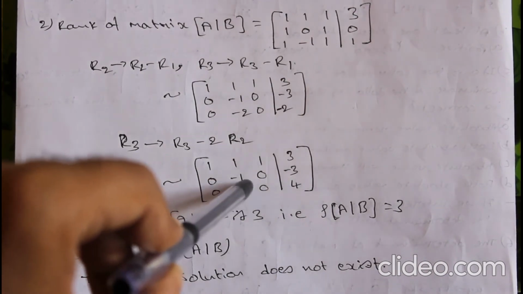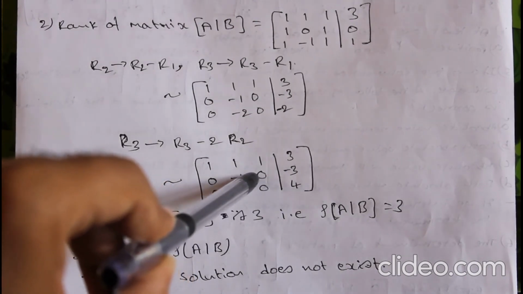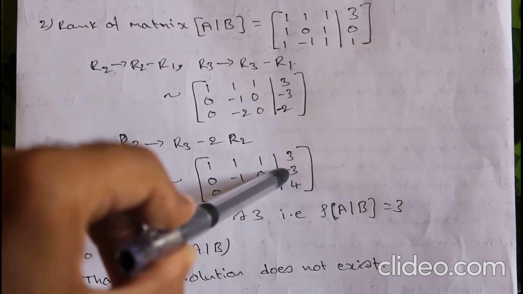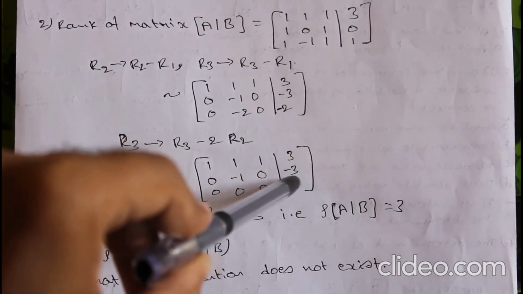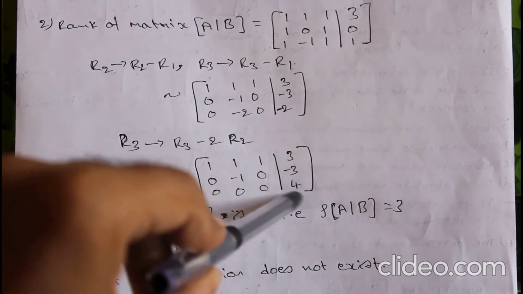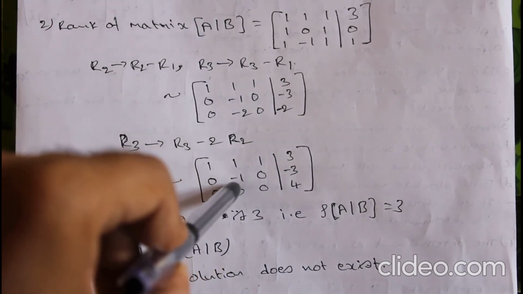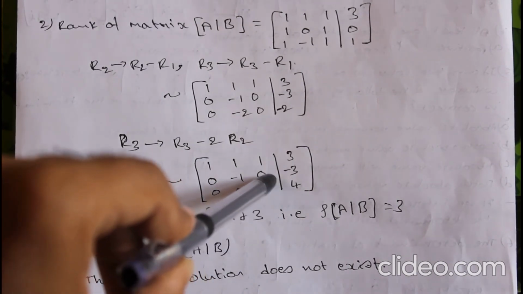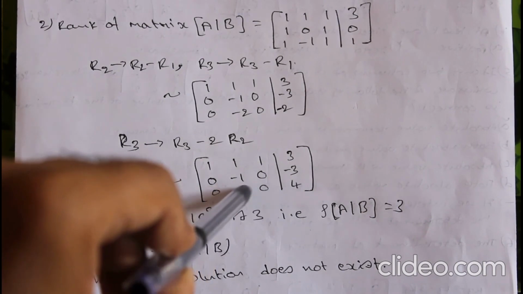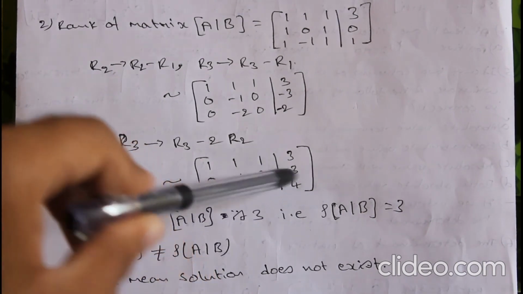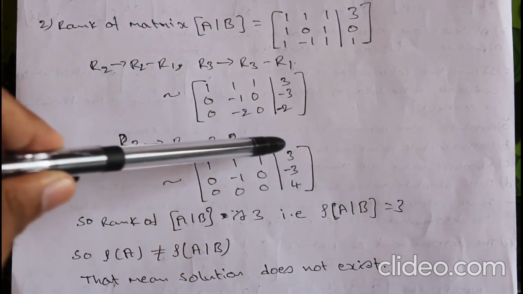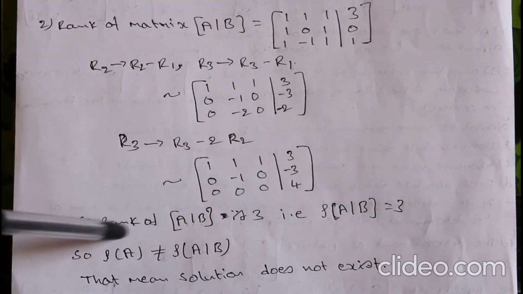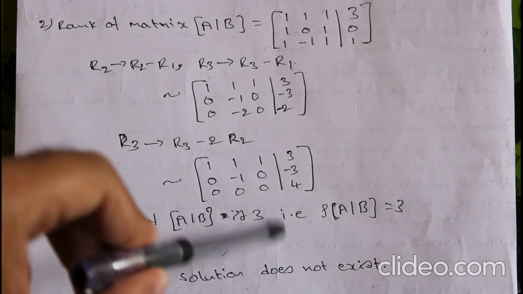Here we are getting minus 4. 3 into 0 plus 4 into 0 is 0. 3 into 4 plus 4 into minus 3, so 12 minus 12, so 0. We are able to make this 0, but what is happening is that in this element we are getting minus 4. So now any further operation is not possible, so we have to count the non-zero rows. The non-zero rows are 1, 2, 3. That means the rank of the augmented matrix A|B is 3.